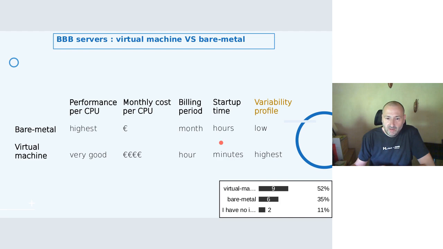So the variability profile of virtual machines is the highest, since you can start in minutes, and you can stop them in minutes too. So this is why we chose virtual machines, although they're more expensive, but I'll show you why. You'll understand afterwards.